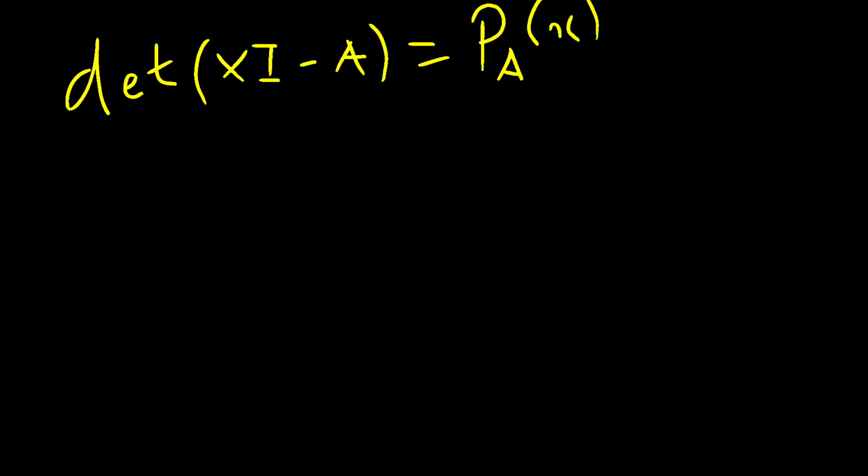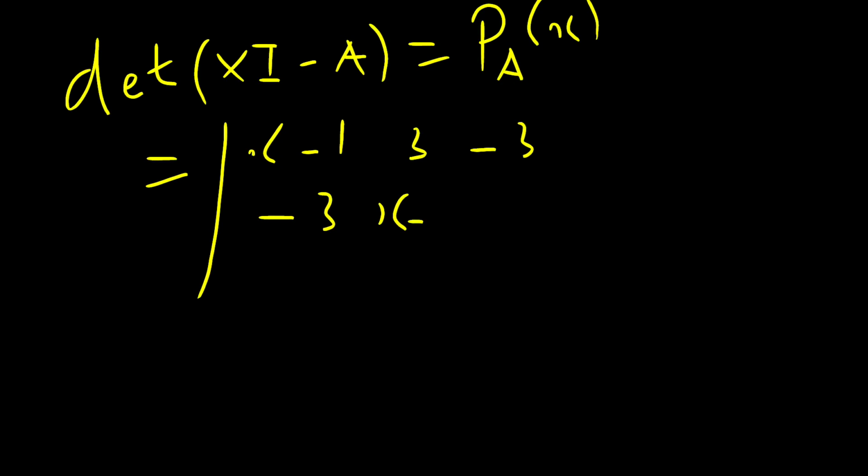So we know that the determinant of this will be the same as the determinant of [x minus 1, 3, -3], [-3, x plus 5, -3], [-6, 6, x minus 4].